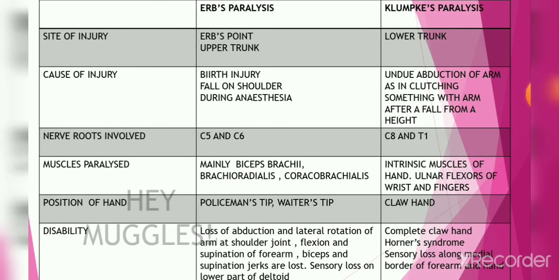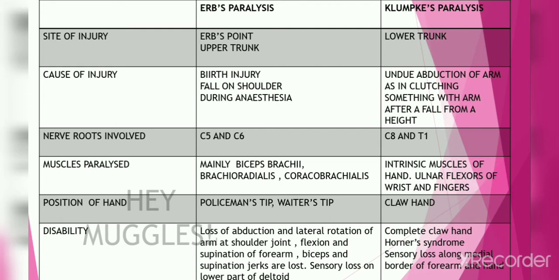And what is the reason for Klumpke's paralysis? Suppose a person falls from a height, right? And he tries to hold something, he tries to clutch something with his or her hands, right? So in that case, there would be sudden abduction of the arm. Abduction is when your arm moves away from your main trunk or your body.